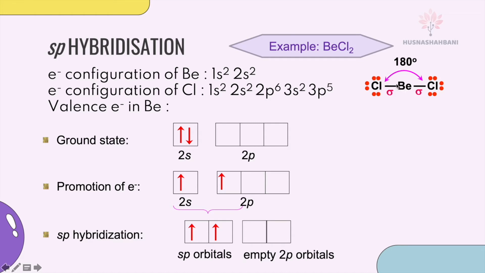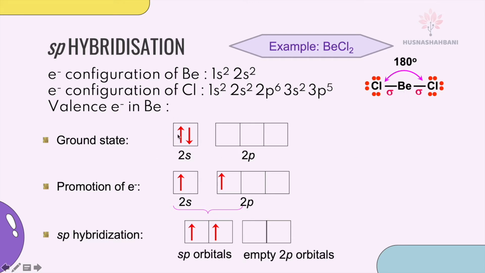So this Be needs 1 unpaired electron to be bonded with this chlorine, and another 1 unpaired electron to be bonded with this chlorine. Means this central atom requires 2 unpaired electrons.